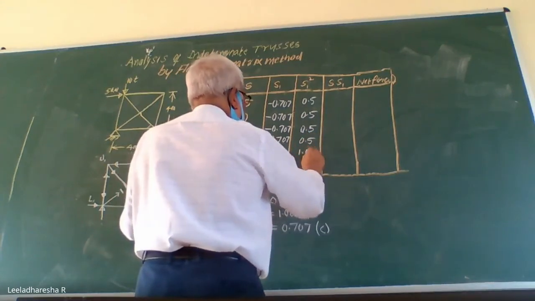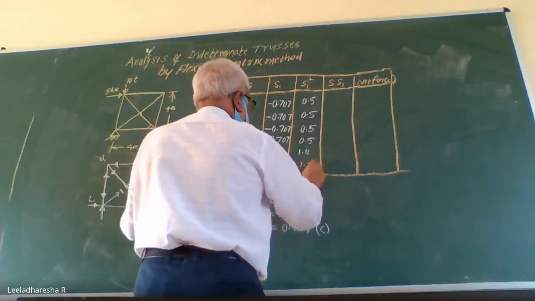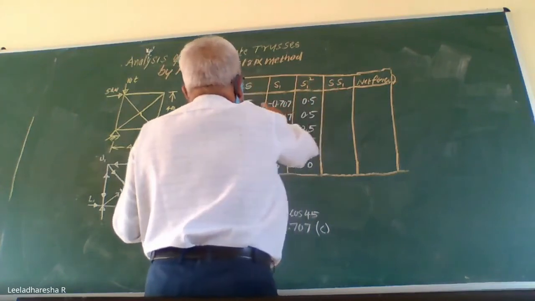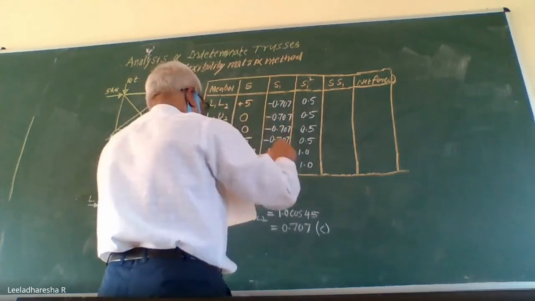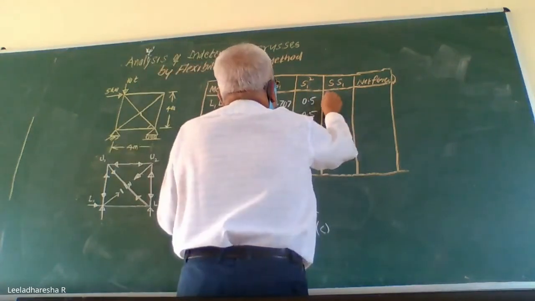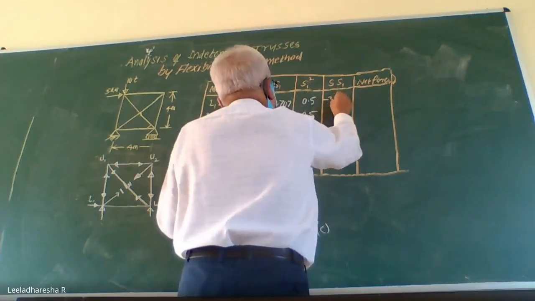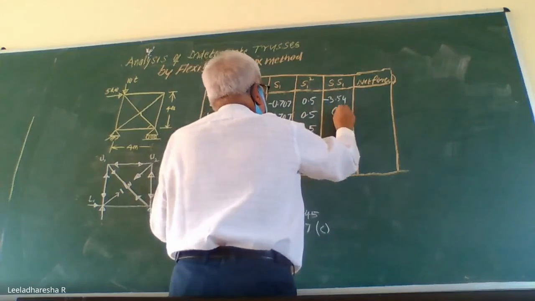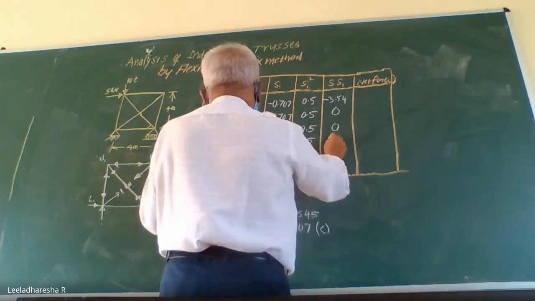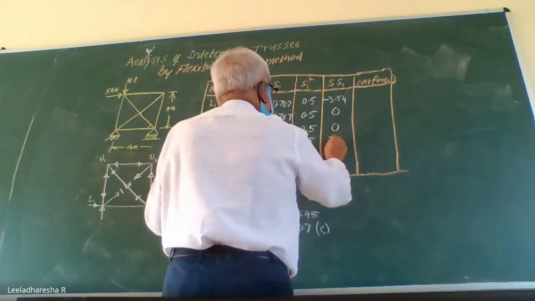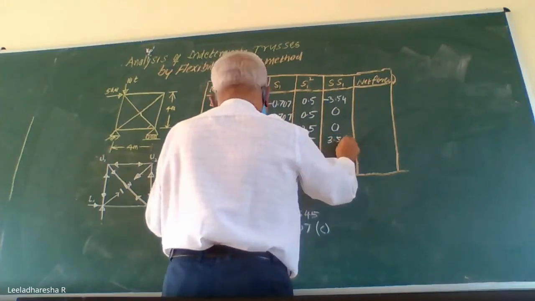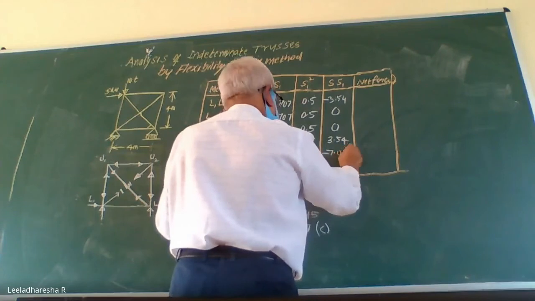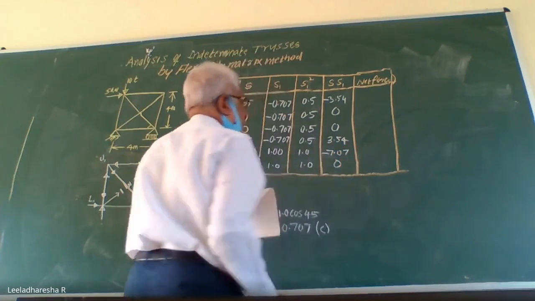Again, this one is 1 and this one is also 1. Multiply S into S1. You are going to get minus 3.54. Then 0. This one you get plus 3.54. Minus 7.07. This one you get 0.